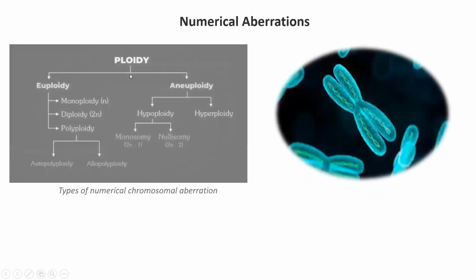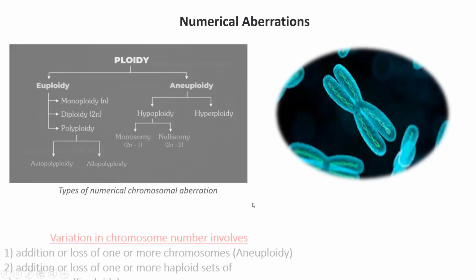Then first we will see the numerical aberration. Here you can observe it is the ploidy, that is euploidy and aneuploidy. Under euploidy, monoploidy, diploidy, and under that it is further classified. As it is a numerical aberration, the quantitative terms are very important. Another is the aneuploidy, where there is monosomy and nullisomy. We will see in detail what these terminologies are.